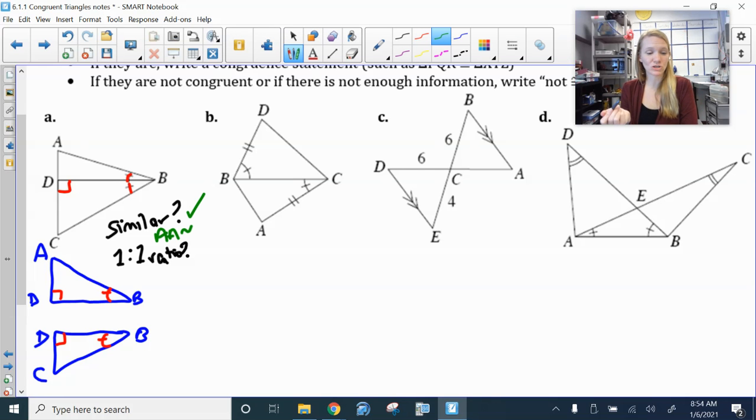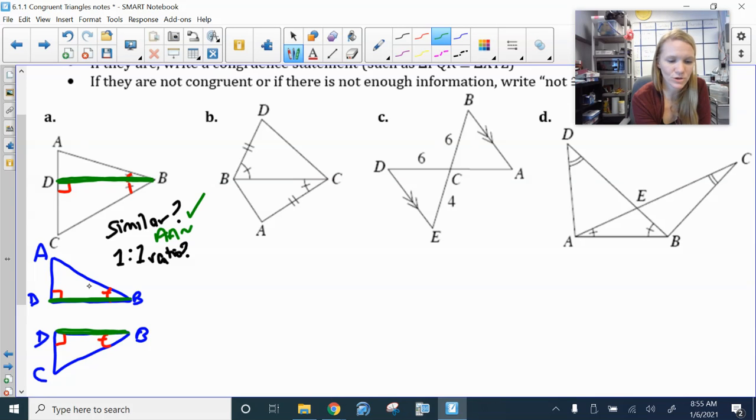And then do they have a 1-to-1 ratio? Meaning, is there at least one side that we could say is equal in both triangles? Currently we don't have any numbers on any of the sides. However, we can see in this original picture, both triangles use that side DB.